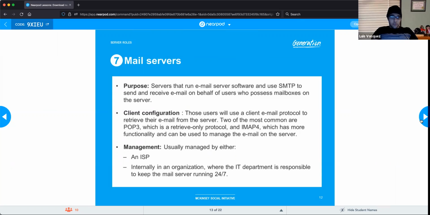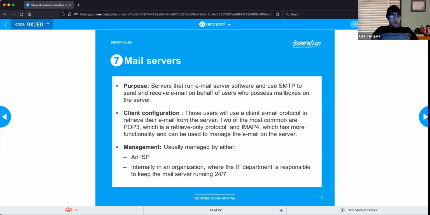Purpose of mail servers. Servers that run email server software and use SMTP to send and receive email on behalf of users who possess mailboxes on the server. Client configuration. Those users will use a client email protocol to retrieve their email from the server.